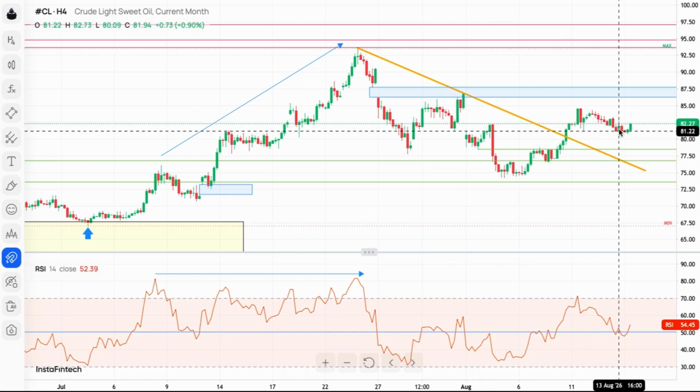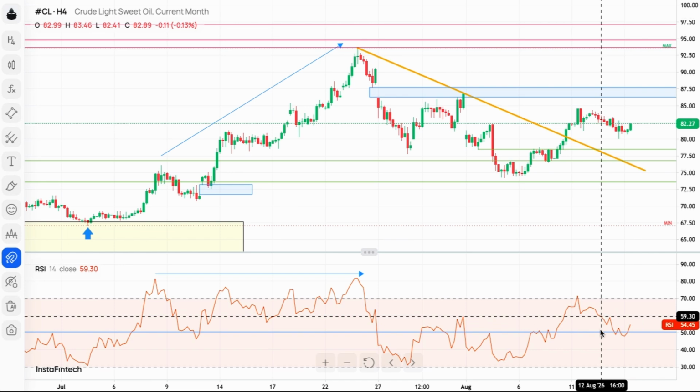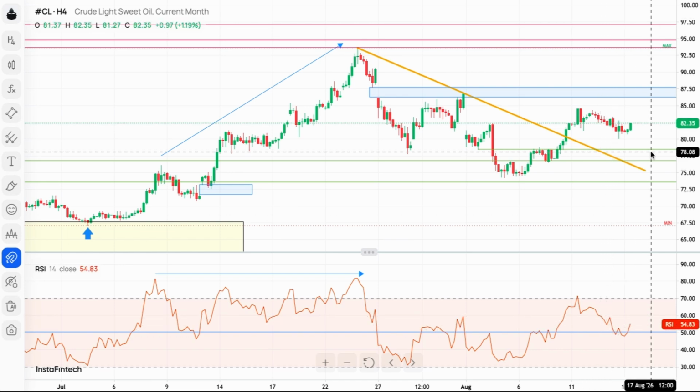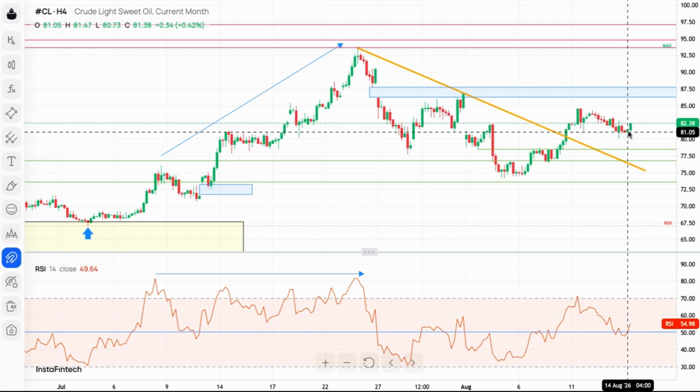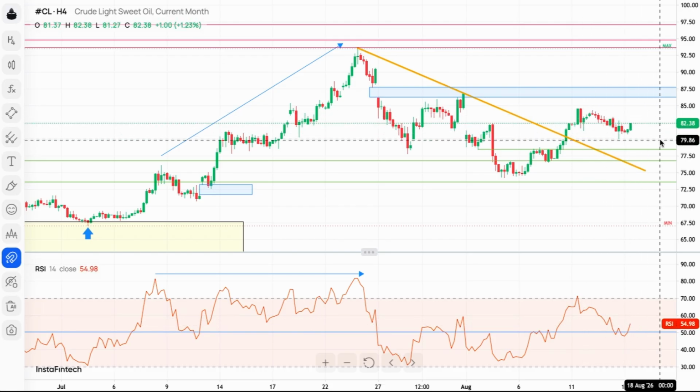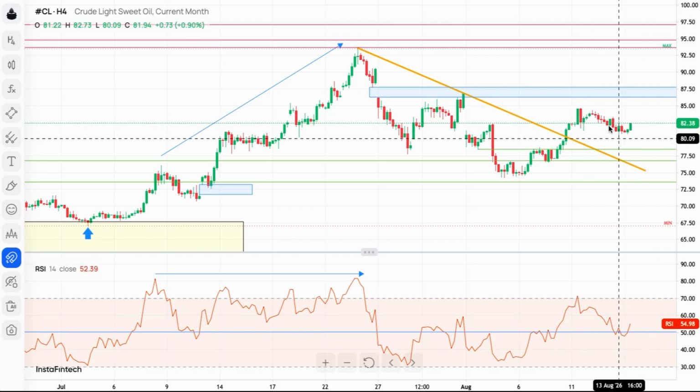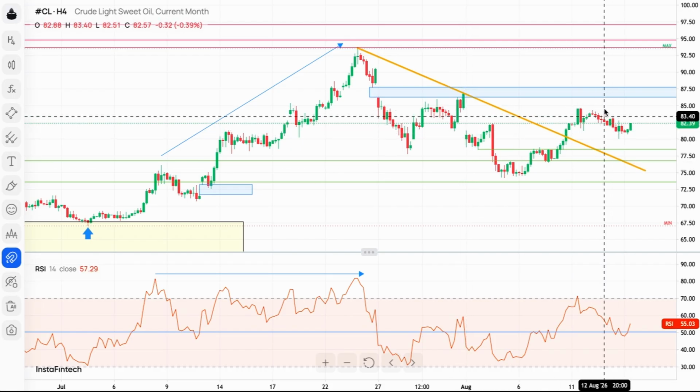Crude oil went as low as 80.09 and now hits the neutral level on the RSI, and now the bulls are trying to move a little bit higher. Nevertheless, this volatility is very much limited after the retail gap was filled.